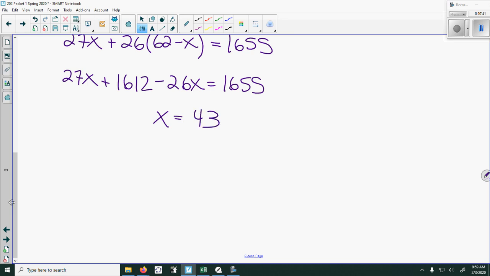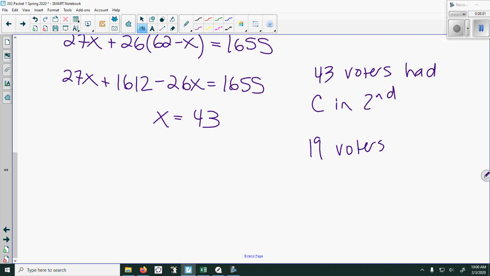That means that 43 was the number of voters that had College C in second place. So 43 voters had C in second place, and the remainder from 62, which would be 19 voters, had C in third place.